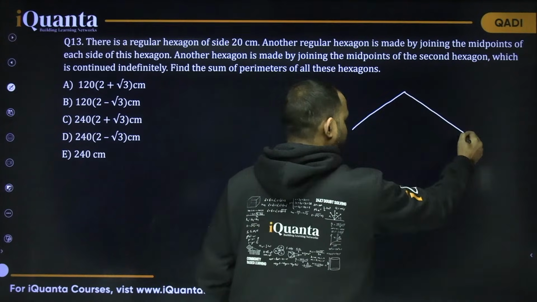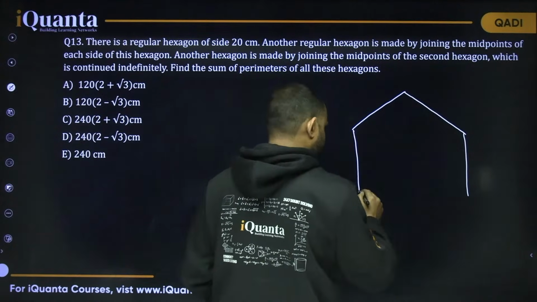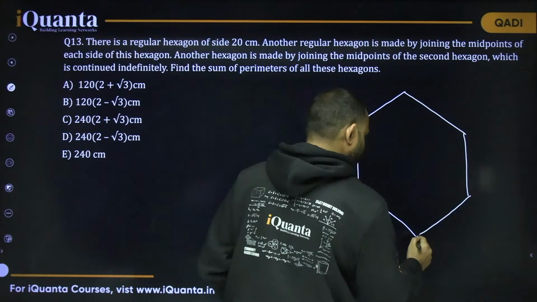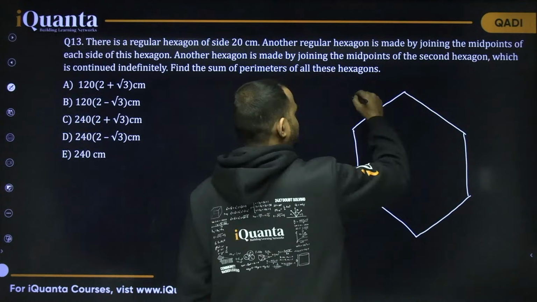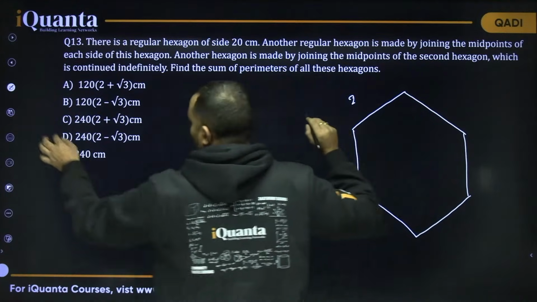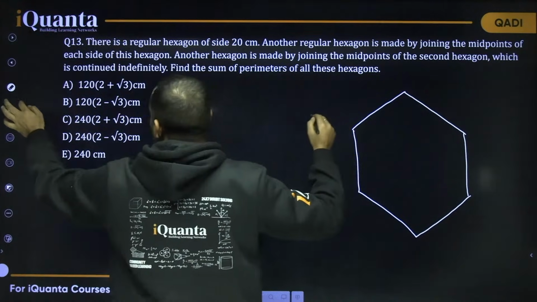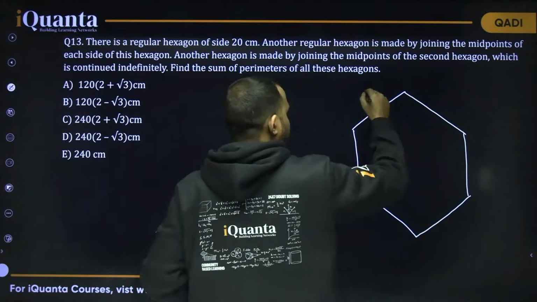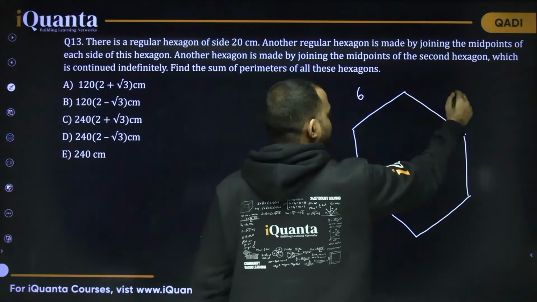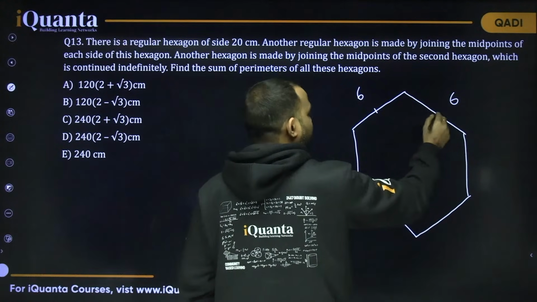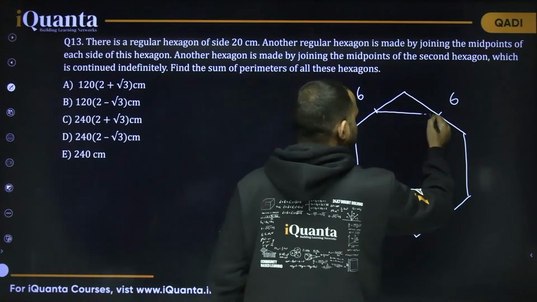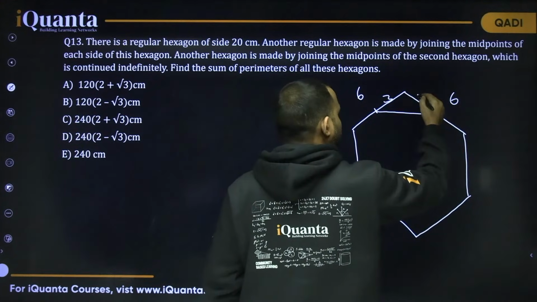The first hexagon, see, if this length is A, what will happen to that? If this length is 6 given, if I take the midpoint and I join it, this will become 3, this will become 3.